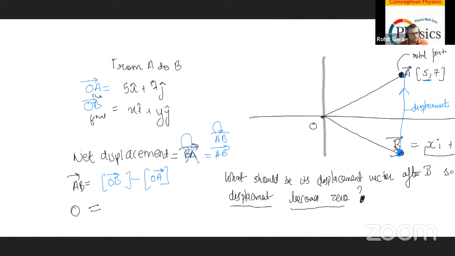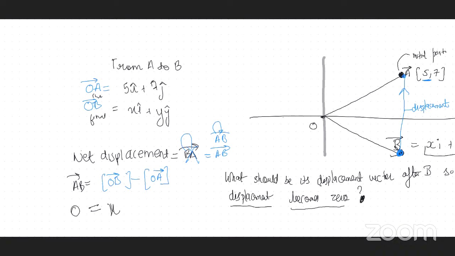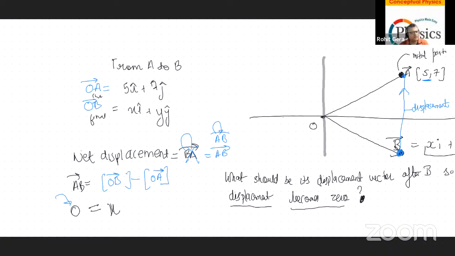What is O? It's 0. They gave the final displacement, so don't worry about it. First, you have to calculate what displacement happened. If you've written AB, then put it as AB first. Calculate AB, then worry about the logic.